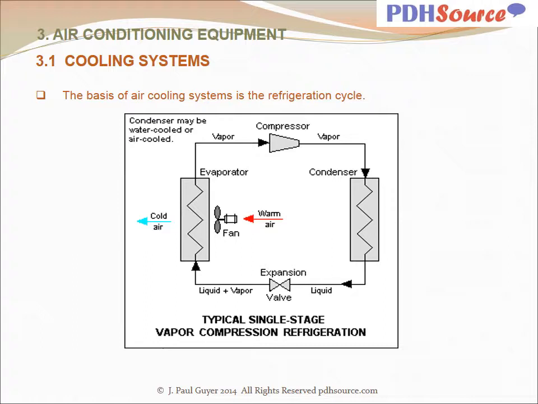The warm return air from the conditioned space is pushed across the cold refrigerant coil, and that cools the air and warms up the refrigerant so that it's now all vapor.